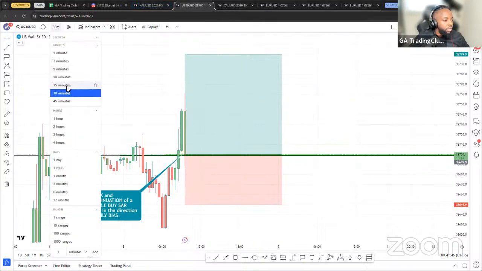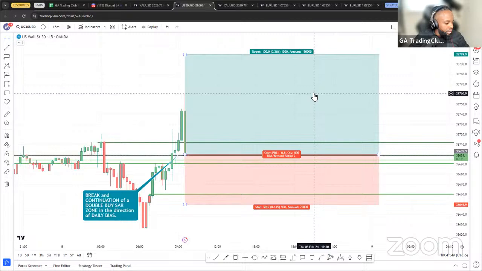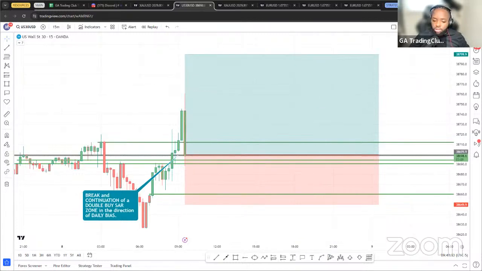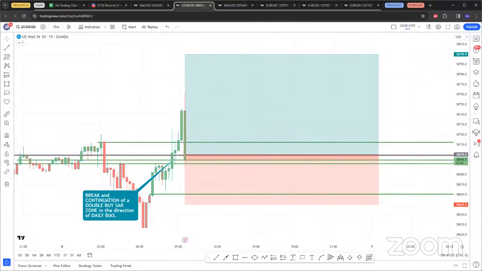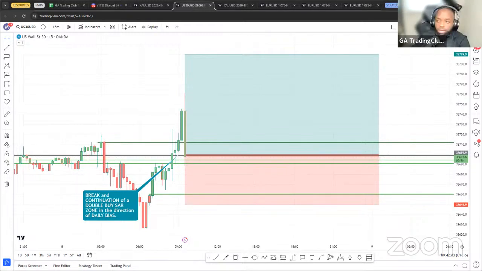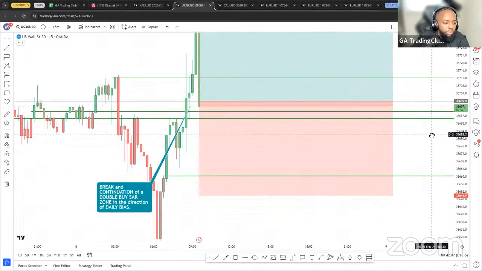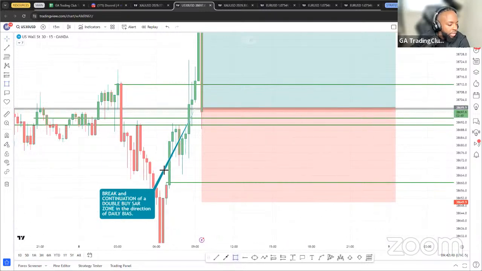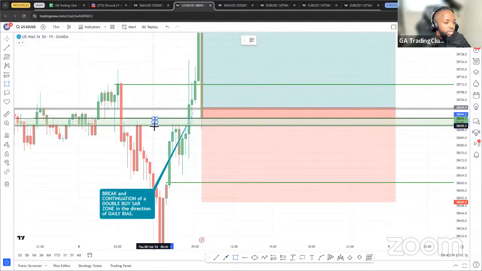So that's the 30-minute, 15-minute. If we come back down to the 15-minute, we also have a double SAR zone that's right here on the 15-minute.